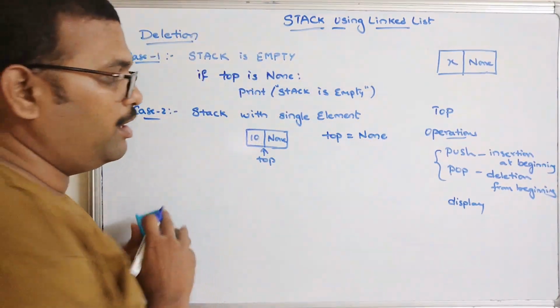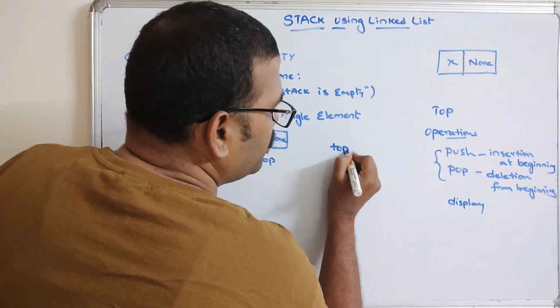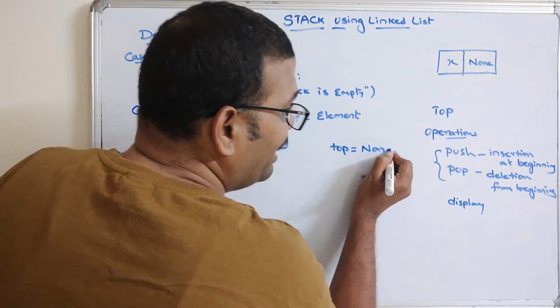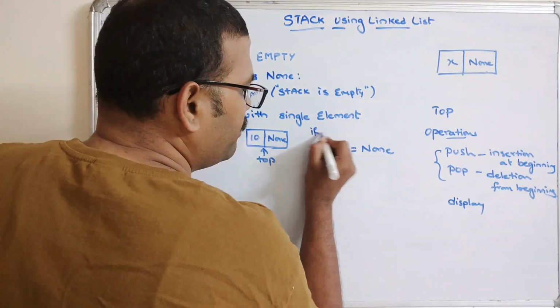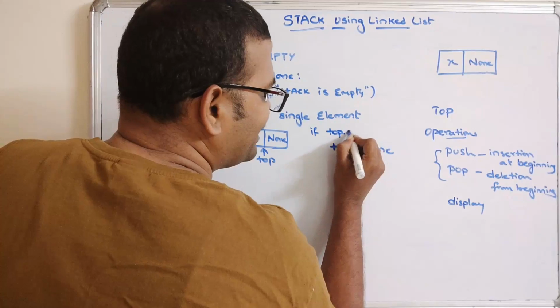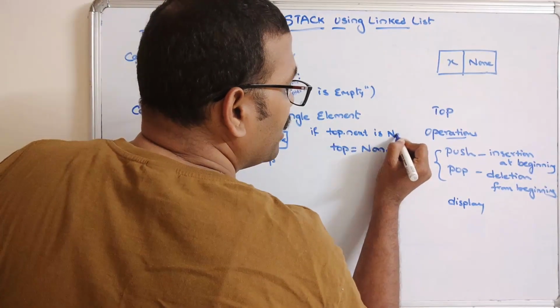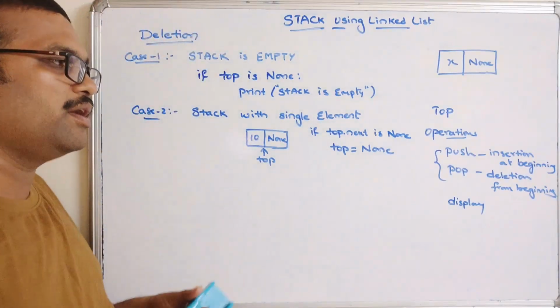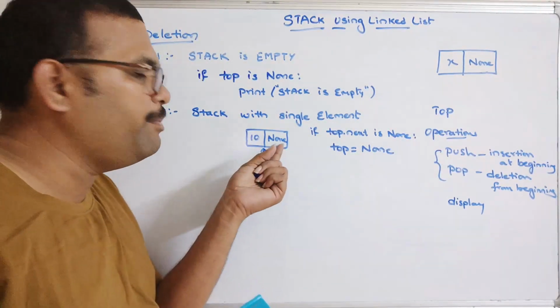Okay. Then we need to use top is equal to none only when the stack is having only one element. That means if top.next is none. So if our stack is having only one element, that implies top.next will be none.